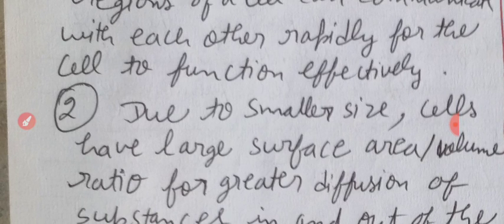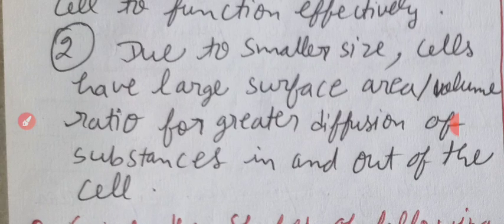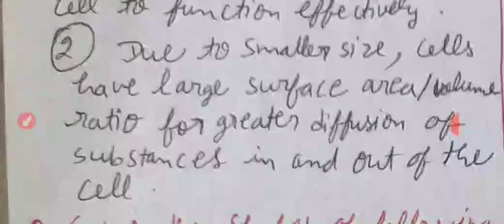due to small size, cells have large surface area volume ratio for greater diffusion of substances in and out of the cell.